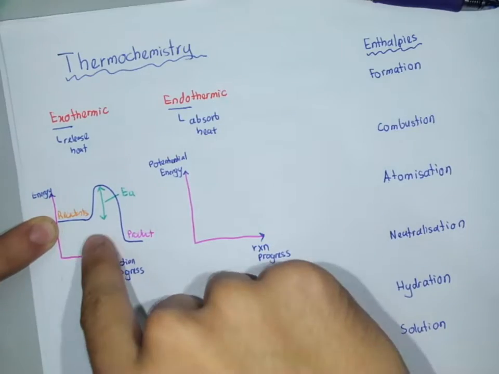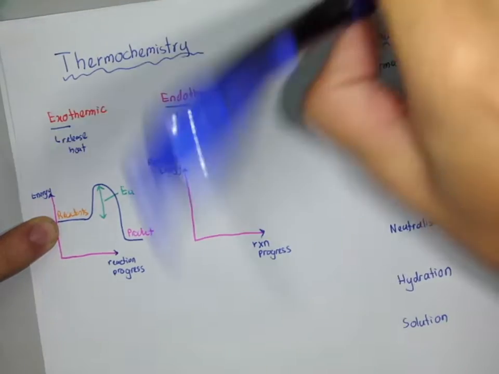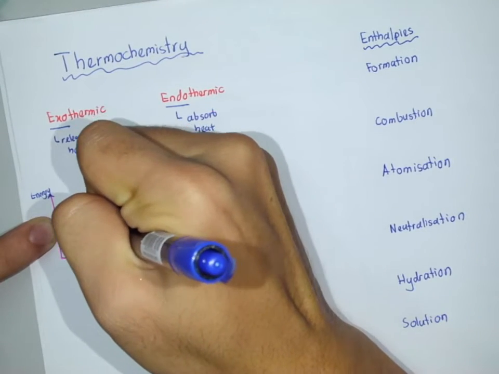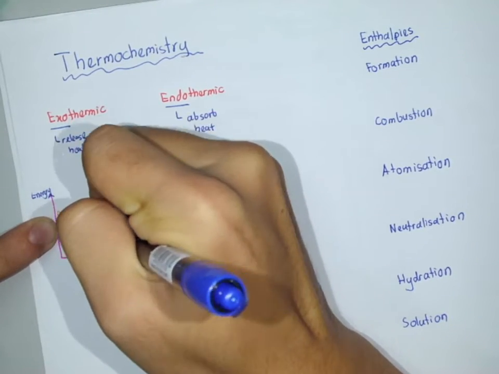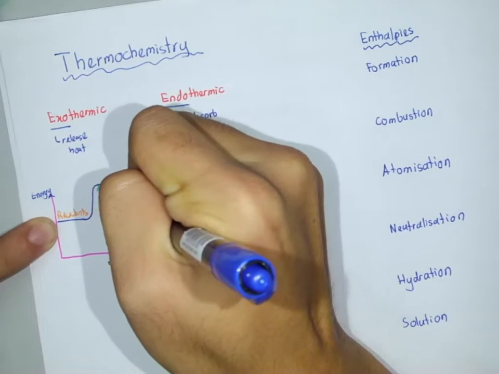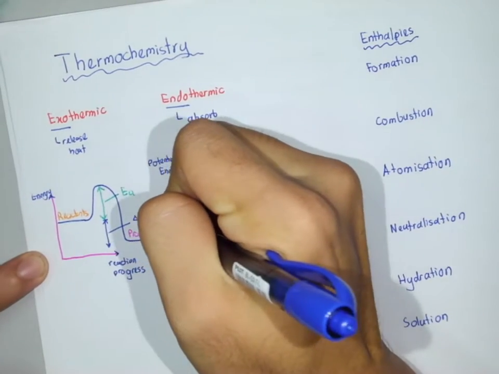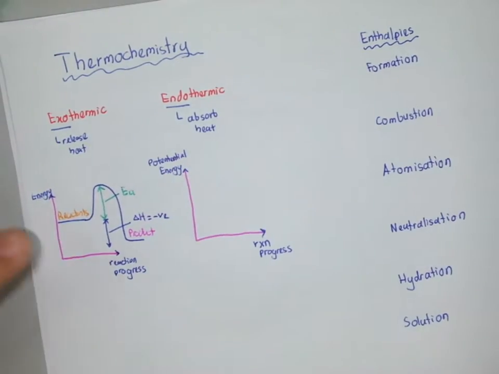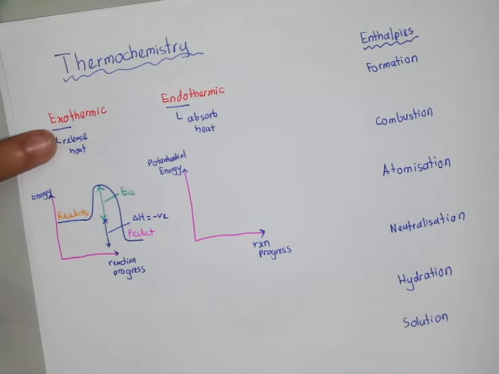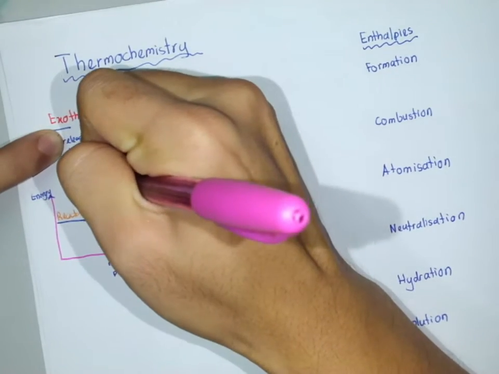And the difference is delta H. The delta H in this case of exothermic is negative value. Kenapa dia negative value? Because it release heat.